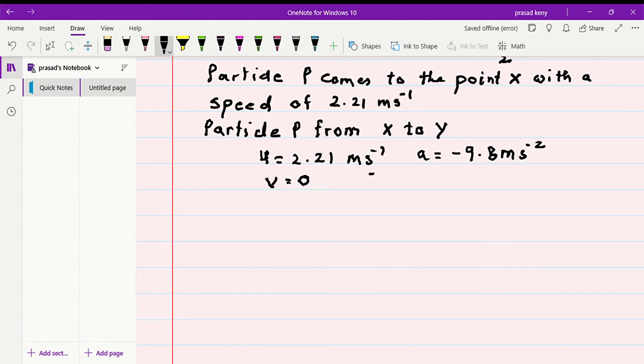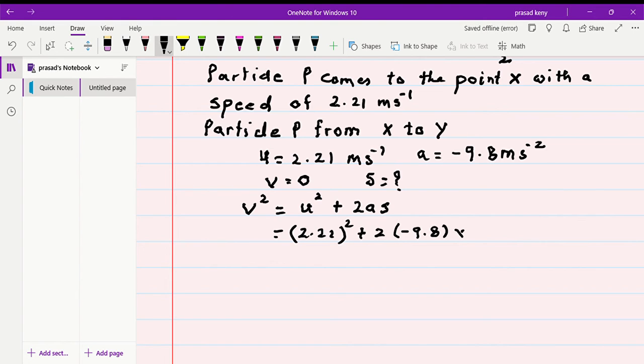I want to find out the displacement. So use v square is equal to u square plus 2as, that is 2.21 the whole square plus 2 into negative 9.8 into s, and v square will be 0.